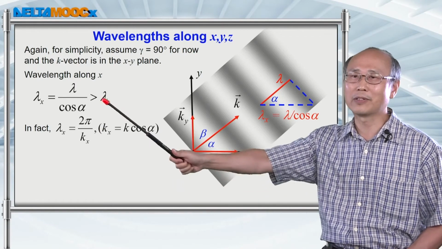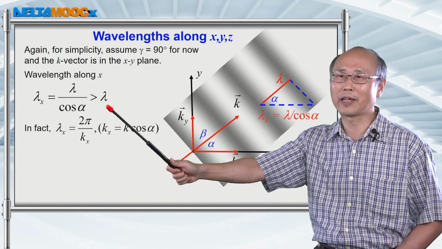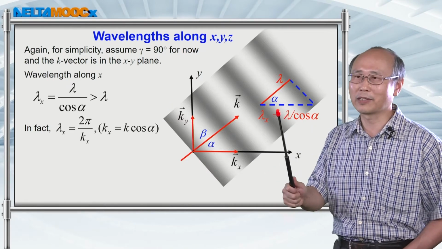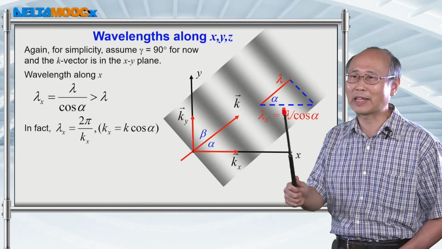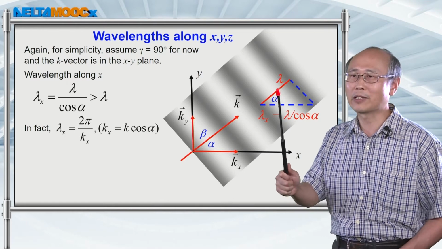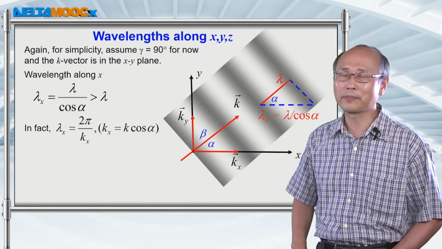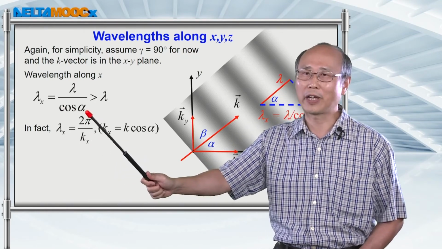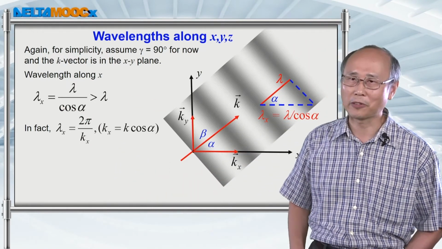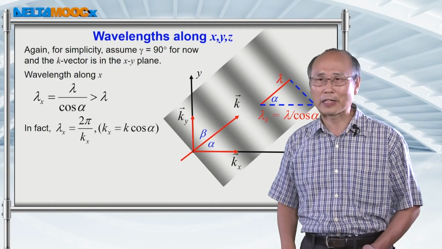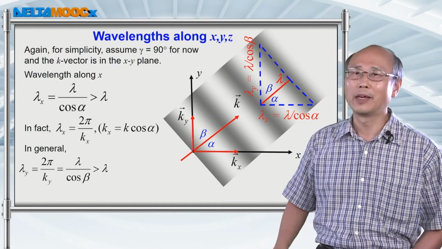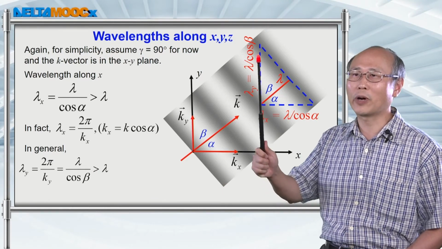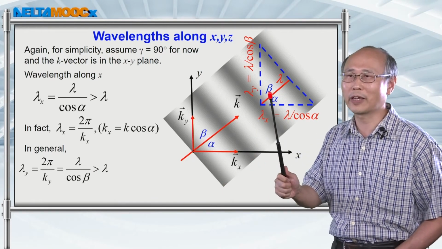This value turns out to be larger than the wavelength lambda, because you can see clearly that the length of this blue dashed line is longer than this red line. Mathematically, you can also tell from the cosine alpha in the denominator, because cosine alpha is less than 1. If you want to deduce the wavelength along the y direction, just look at this triangle.